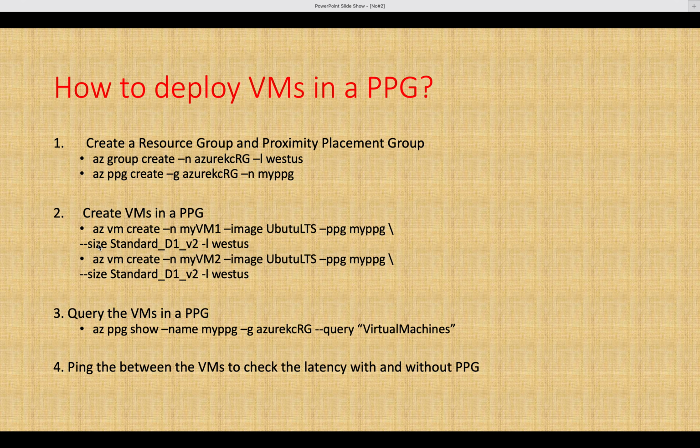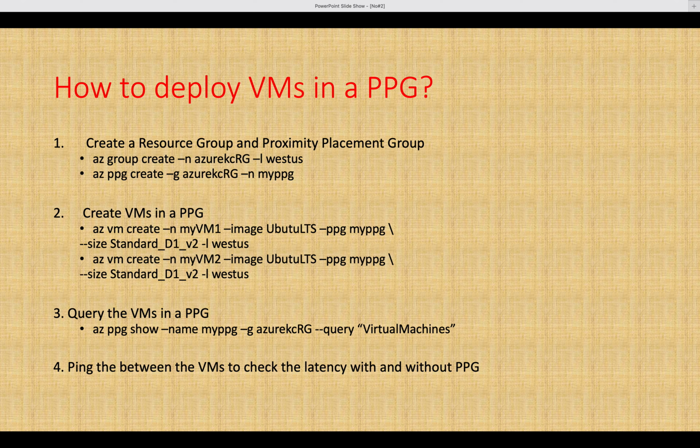So how do we deploy virtual machines in a proximity placement group? It's very simple. We just create a resource group, create a proximity placement group. Then we create these virtual machines and associate that with the proximity placement group. It's that simple. You could deploy these from Azure Portal, PowerShell, and Azure CLI.